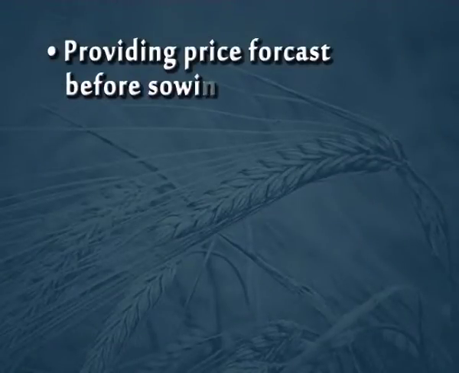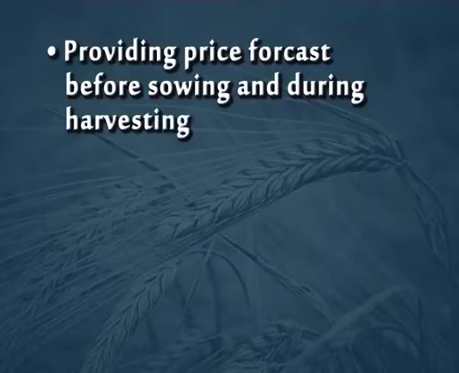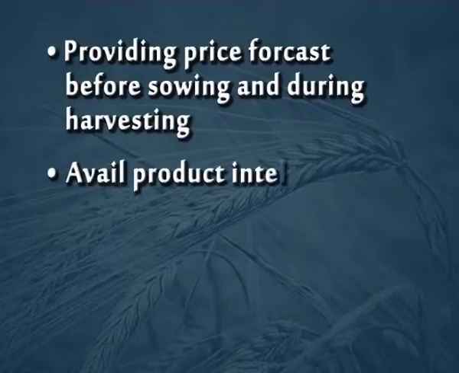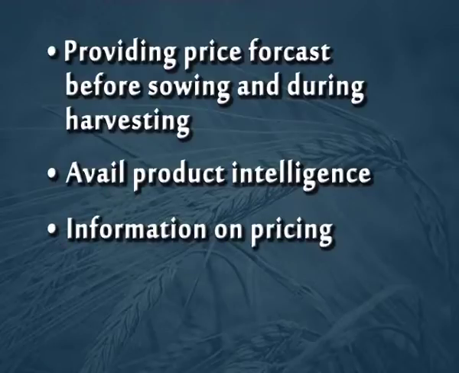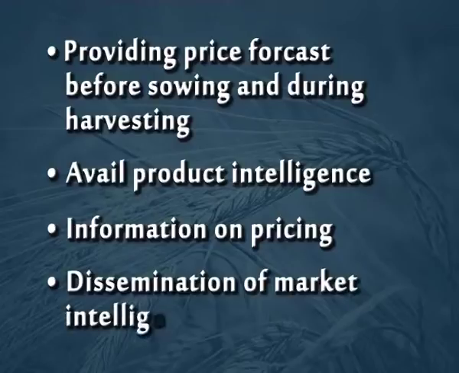Similarly, Tamil Nadu Agricultural University is the lead center of the project with 10 consortium partners. Some of the important objectives of the program can be listed as below. Number 1. Providing price forecasts before sowing and during harvesting. 2. Avail product intelligence. 3. Information on pricing. Number 4. Dissemination of market intelligence.